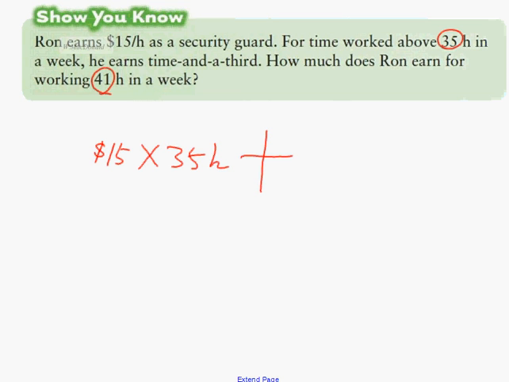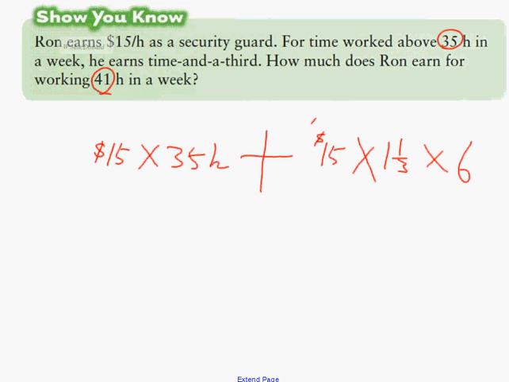He makes $15 multiplied by 1 1/3. That's his rate for, instead of multiplying it by 1, he gets 1 1/3 dollars per hour multiplied by the number of hours he worked, which is 6. Okay?